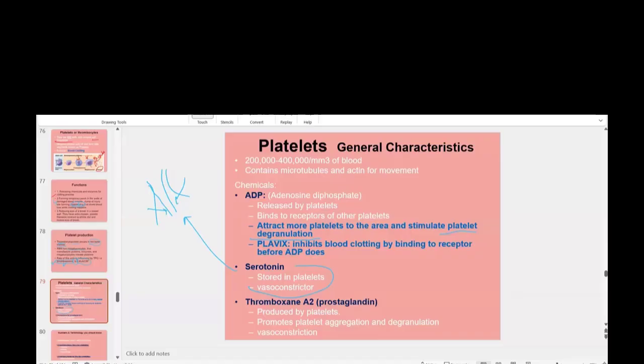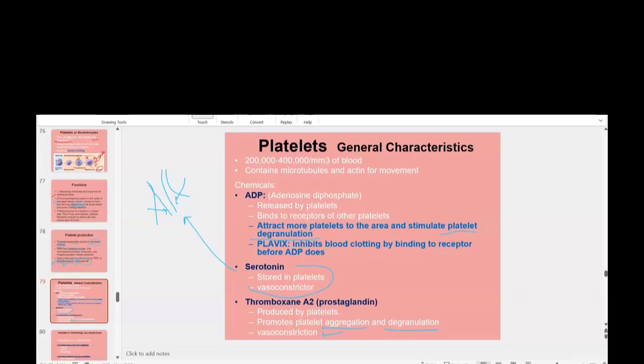Then there is thromboxane A2, that's a prostaglandin. It is produced also by the platelets, and it promotes platelet aggregation and degranulation. These two terms are important, and it also does vasoconstriction. What is aggregation? That is bringing more and more platelets to get attracted to that site and form kind of a clump there. Degranulation, causing them to open up and discharge their chemicals, and vasoconstriction, constricting those blood vessels and trying to close the gap.